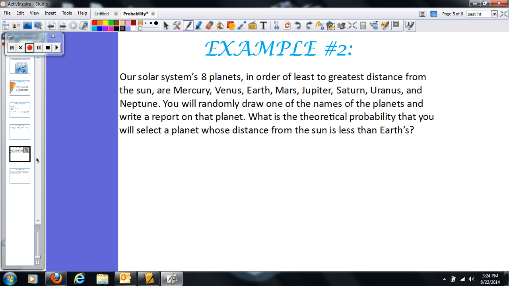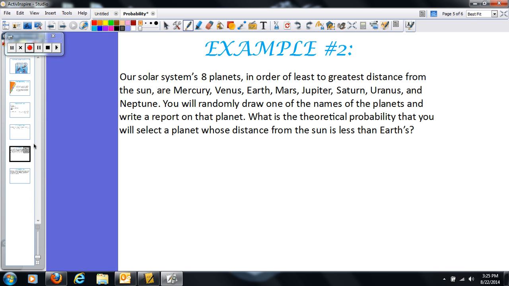Example number 2, okay, a little bit longer, but similar type of problem. So it says our solar system's 8 planets in order of least to greatest distance from the sun are Mercury, Venus, Earth, Mars, Jupiter, Saturn, Uranus, and Neptune.